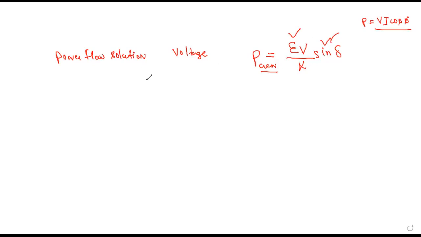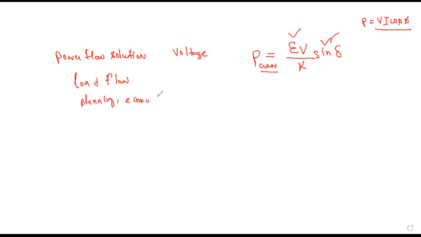Power flow studies are basically known as load flow studies. Whenever we have to do any analysis of power systems, we look at this study for the planning and economic scheduling of the power system.